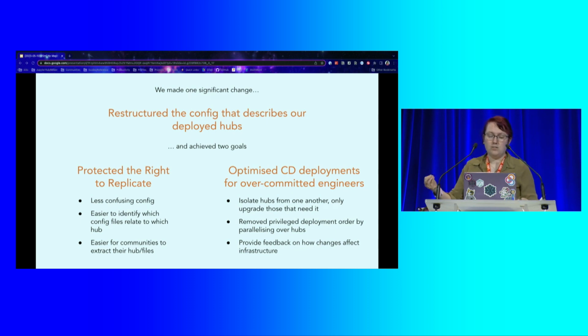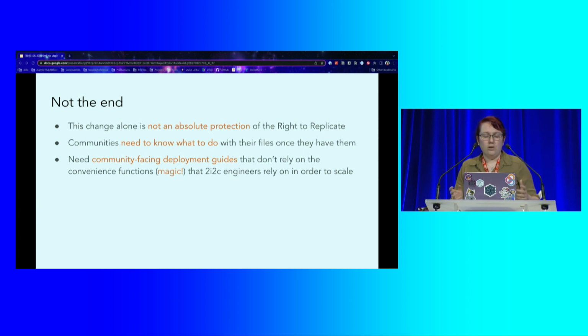And we optimized our CI/CD deployments for overcommitted engineers. We isolated hubs from one another, only upgrading those that need it. We removed the privileged deployment order by parallelizing over the hubs, and we provide feedback on how the changes affect the infrastructure.